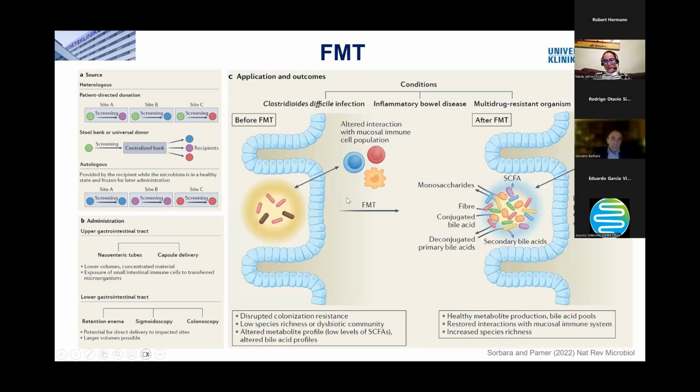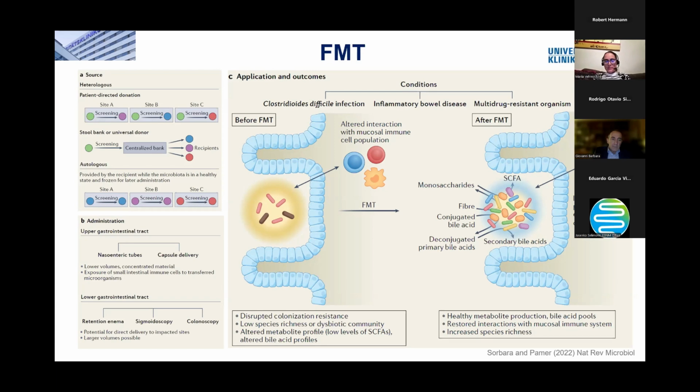So obviously the idea behind FMT is that your microbiota is somehow depleted, and that means that the gut immune axis, the gut liver axis, the gut brain axis, all kinds of different microbiota organ axes, are not working properly anymore because of this damaged microbiota.